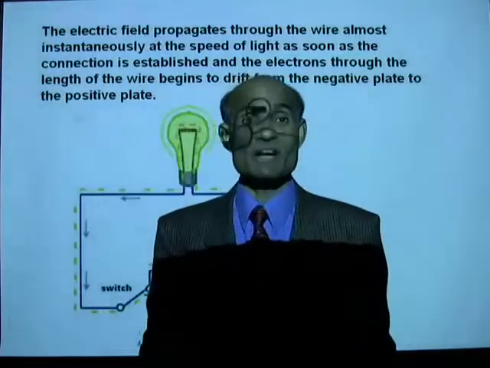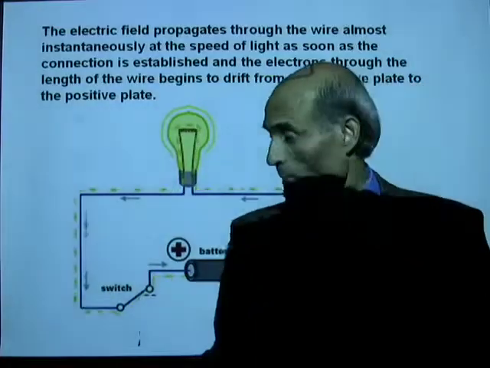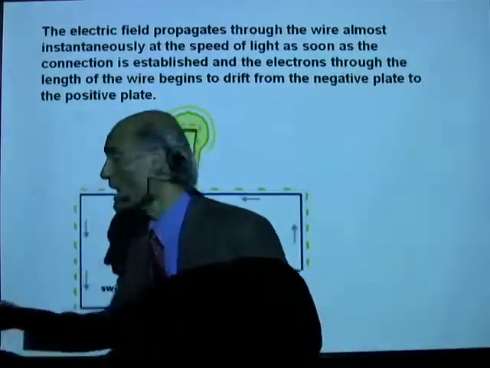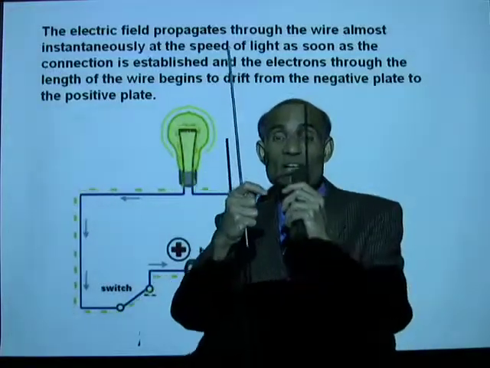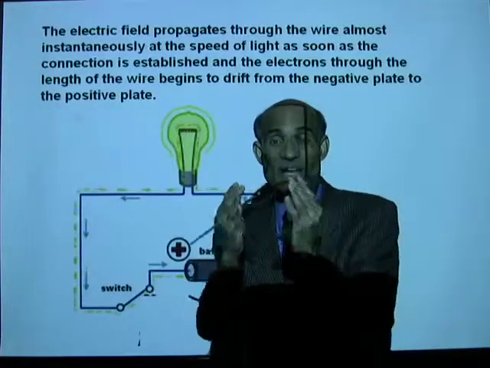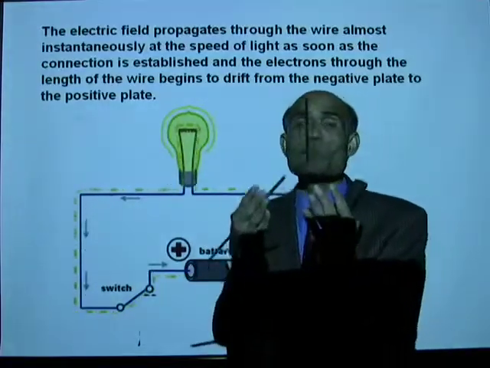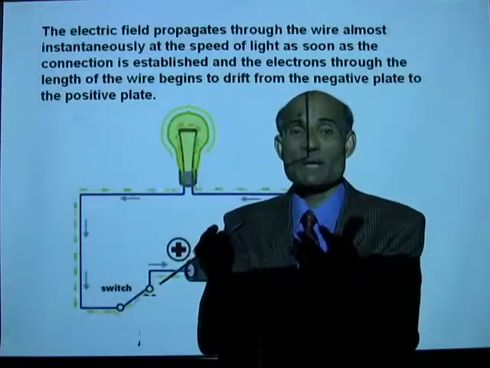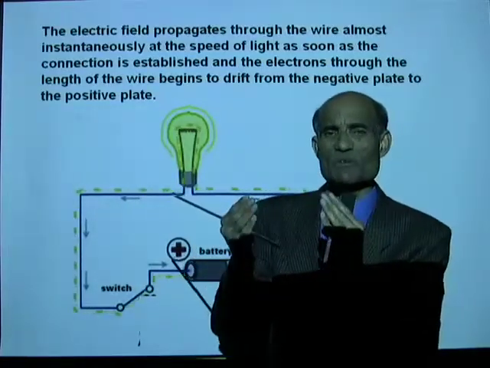move very fast. Now, here I have an illustration of that concept. Now, what I just showed you, the two metal plates with the dilute sulfuric acid, is actually an electric cell, which many of you call a battery. Now, there is a difference between a cell and a battery.